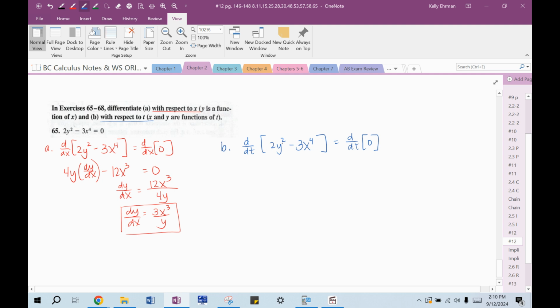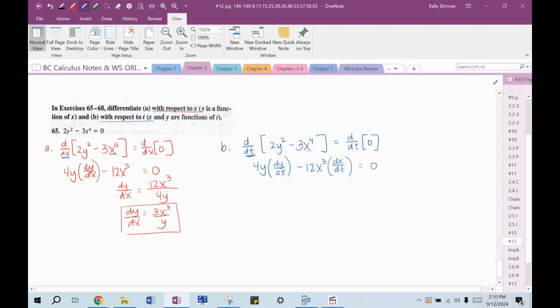So here's how we do that. Still, the derivative of 2y squared is 4y, but instead of dy/dx, I'm going to write dy/dt. And then the derivative of negative 3x to the fourth is minus 12x to the third. And this time the variables don't match up, so I'm going to write dx/dt. Chain rule there. Still equal to 0.